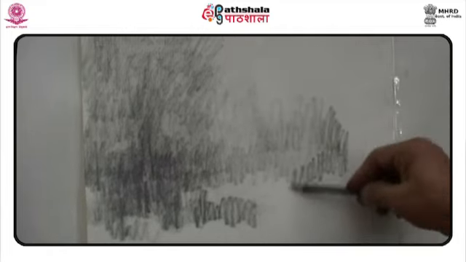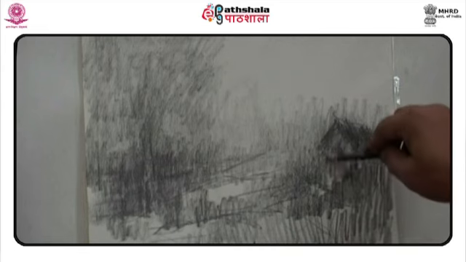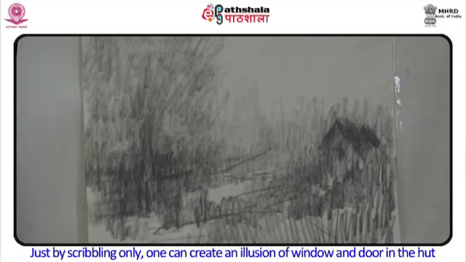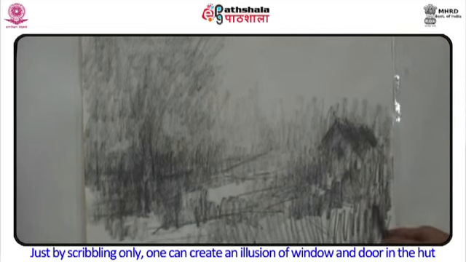With the darkness prevailing on the drawing surface, one can easily guess the light source is from the left side. So one needs to keep the left side of a hut lighter than the right side. Keep on darkening the bushes and the hut will get cocooned in the depth. Just by scribbling only, one can create an illusion of a window and door in the hut.